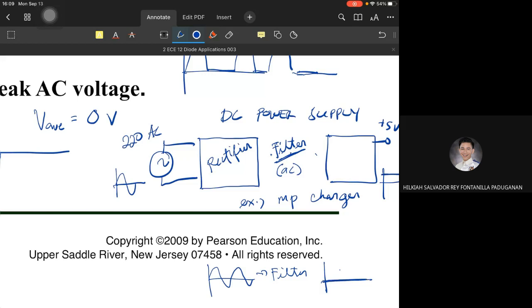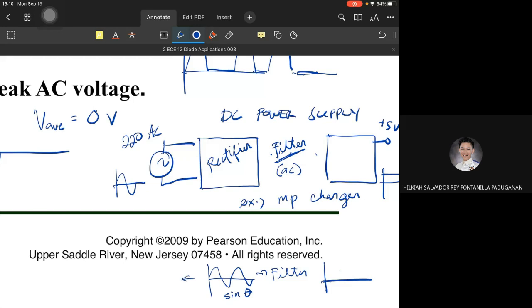Okay? Because a signal is composed of sine waves. One of the uses of a filter is to remove the sine and cosine components of a signal, so it should leave the constant component.